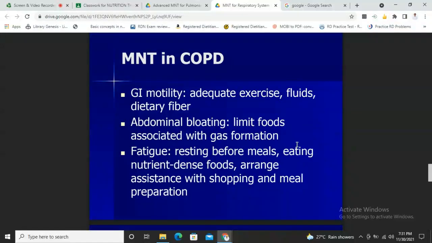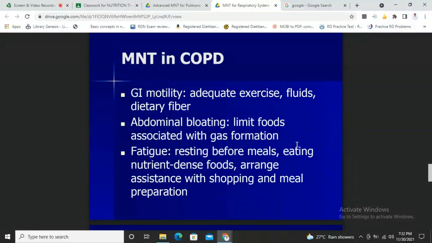So to counteract fatigue, rest before meals and eat nutrient-dense foods. ONS is very useful here. Kay pwede ra isa ra ka baso ka ONS, daghan na kaayo nga calories ang makuha, daghan na kay proteins kaysa sa kanang solid foods nga sometimes di pa sila ganahan magkaon.